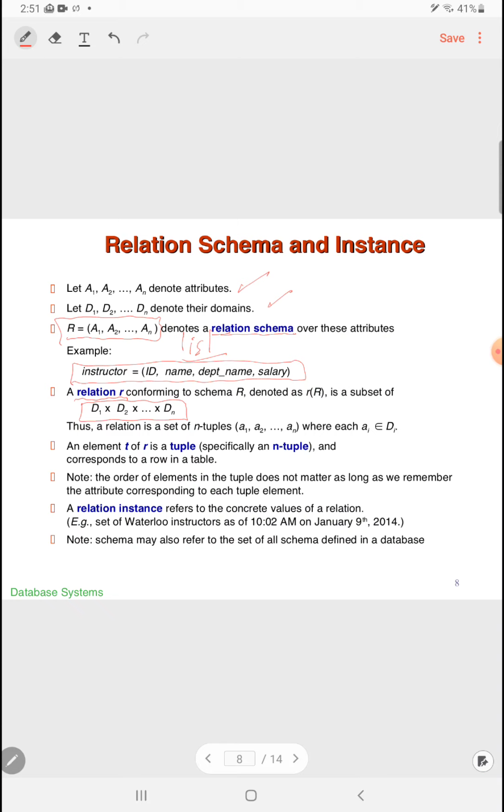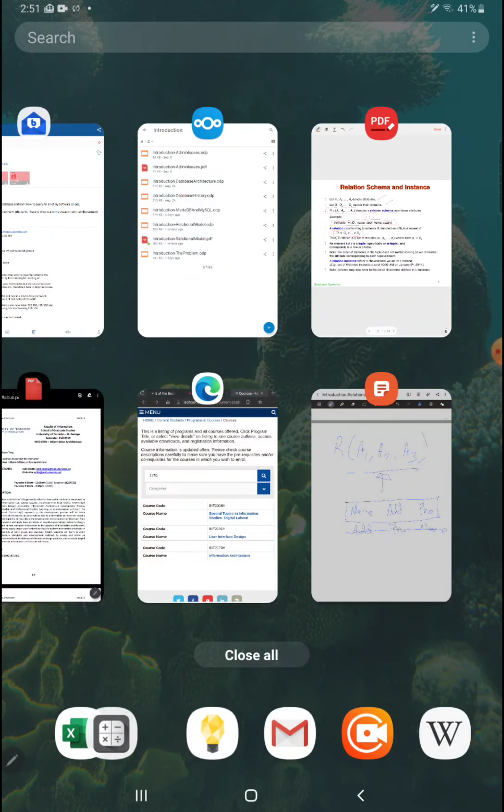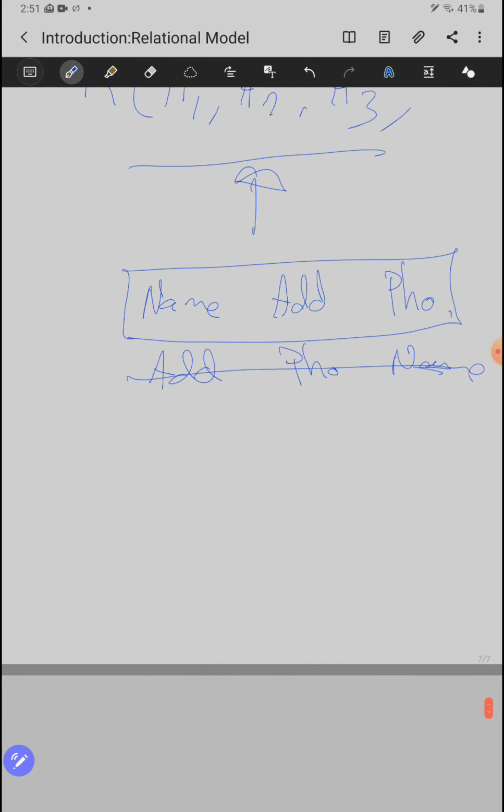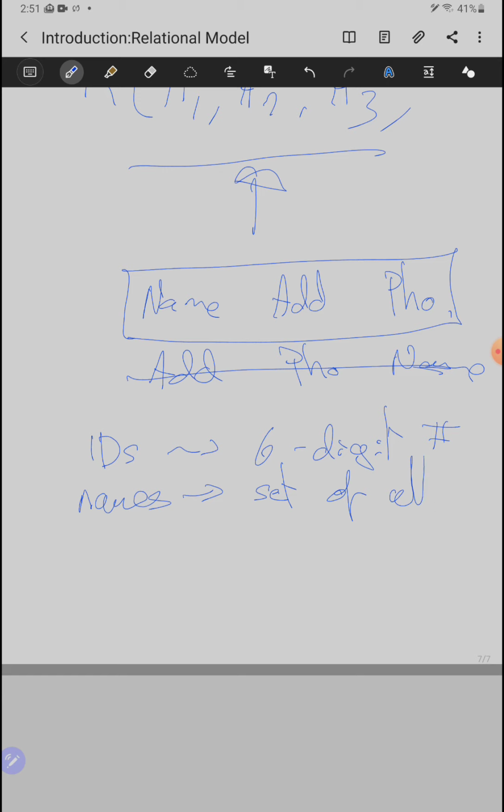So let's say the possible IDs are some set of IDs, they're 6-digit numbers, say. And let's say the names are the set of all possible names. And a department.